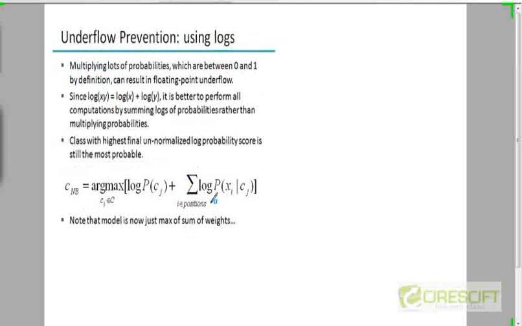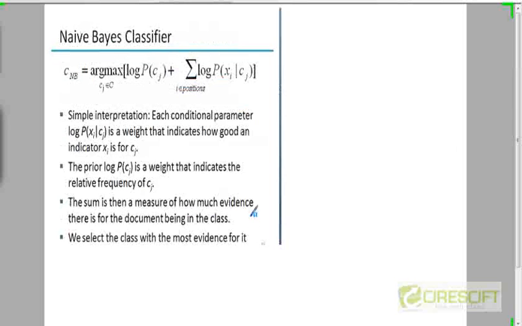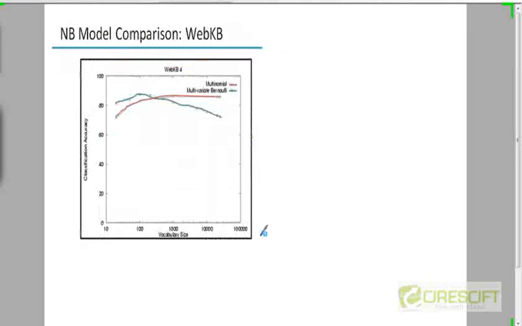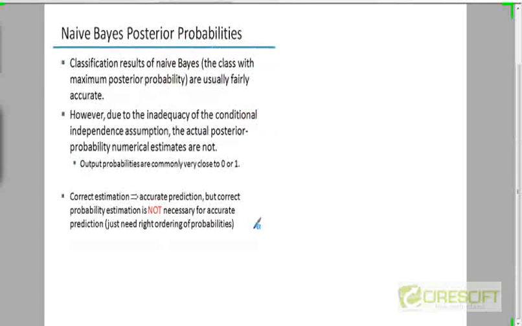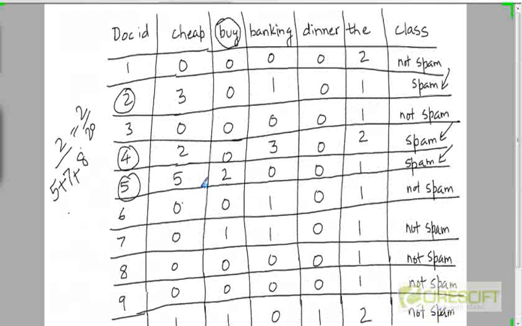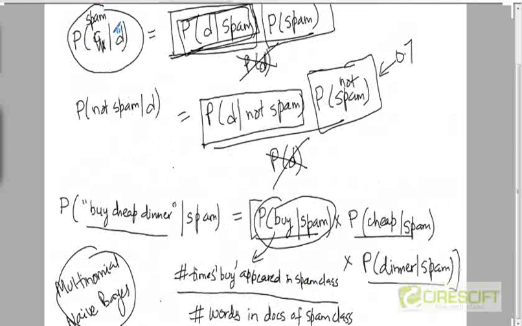Okay. The other thing that you have to note here is that because we are multiplying probabilities in coming up with the estimates for these two probabilities that we are interested in, in either model, we'll be multiplying a large number of probabilities.